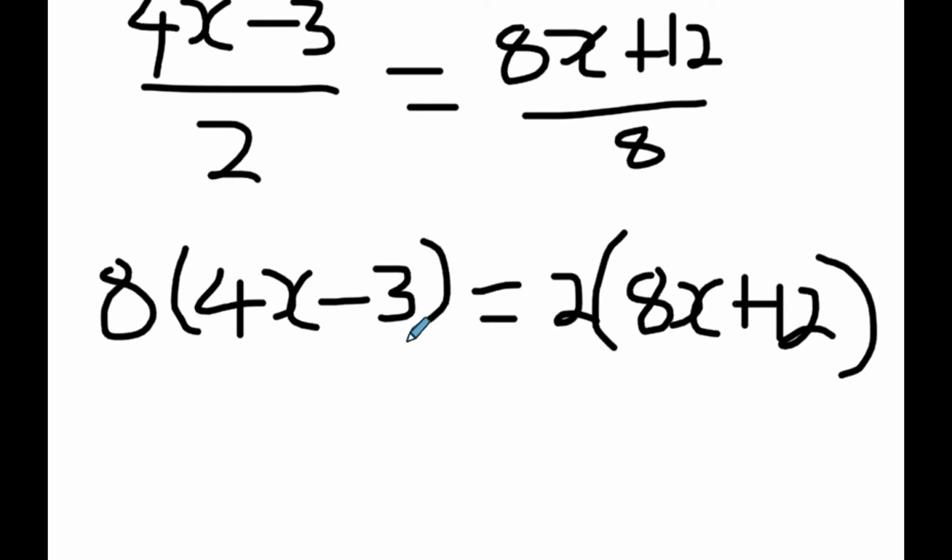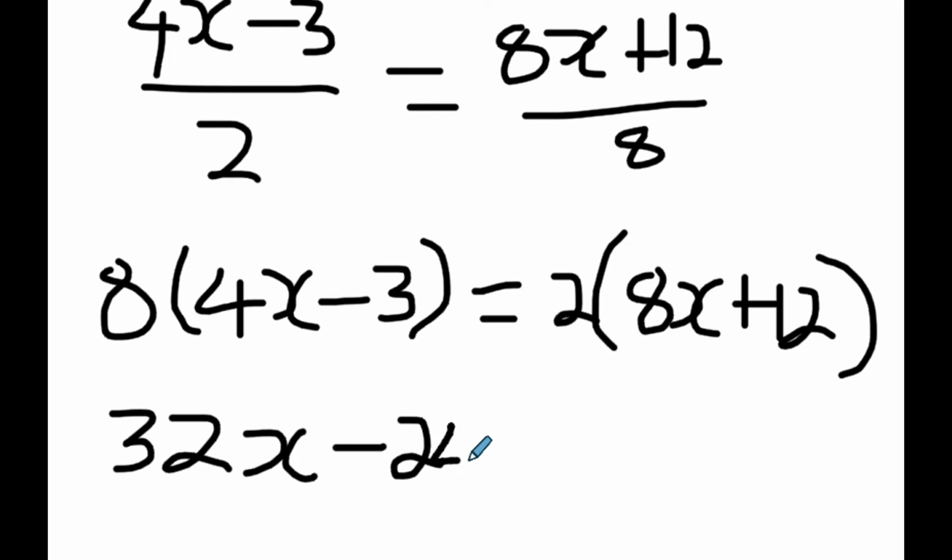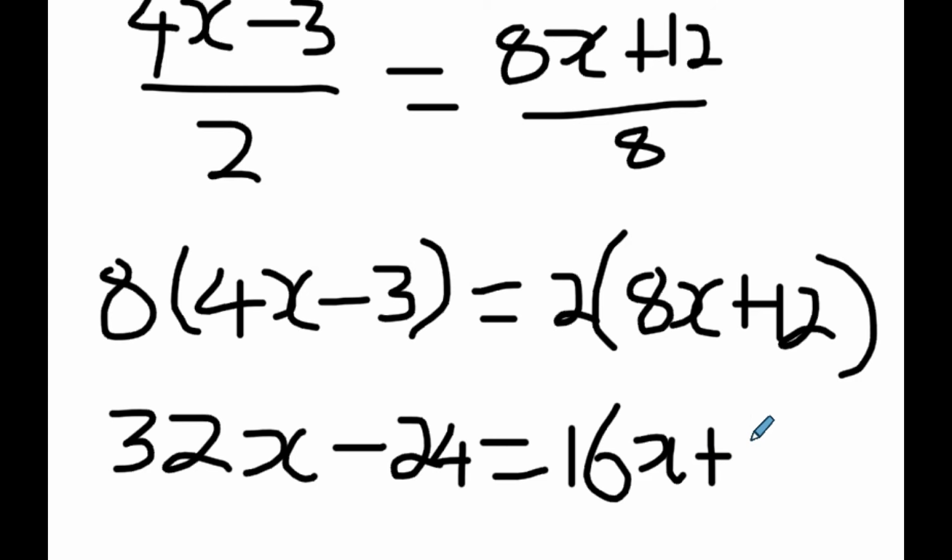So I will expand this to have 8 times 4, which is 32x, minus 8 times 3, which is 24, equals 2 times 8, which is 16x, plus 24.